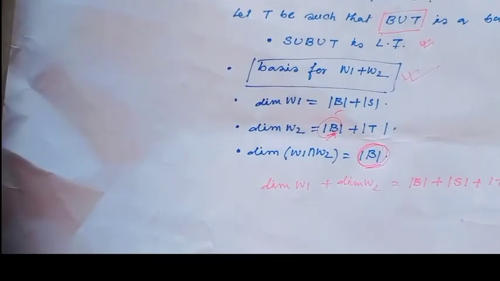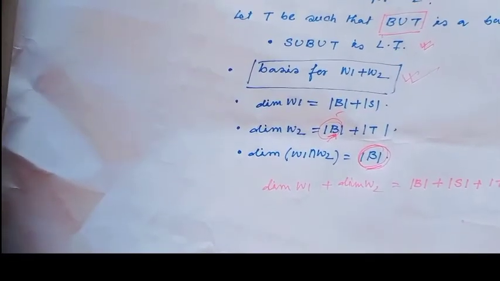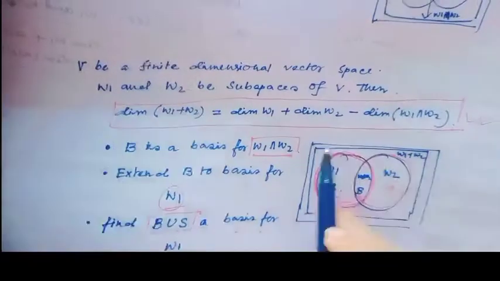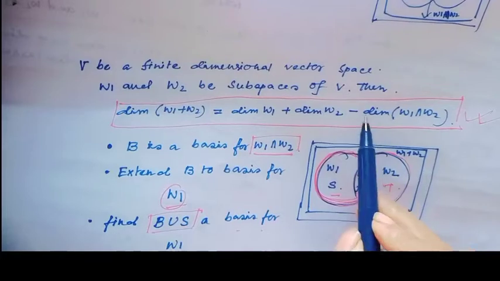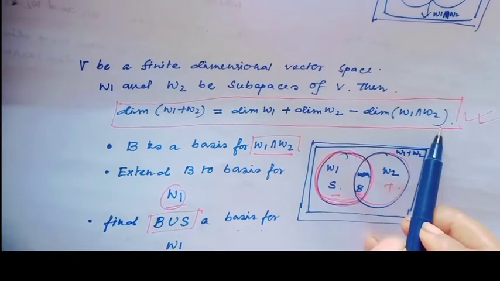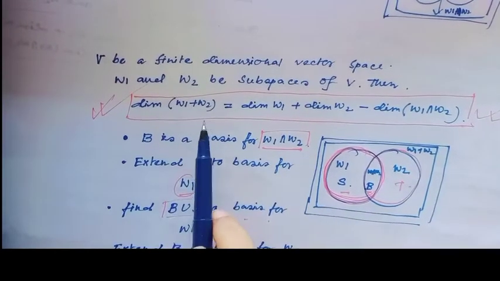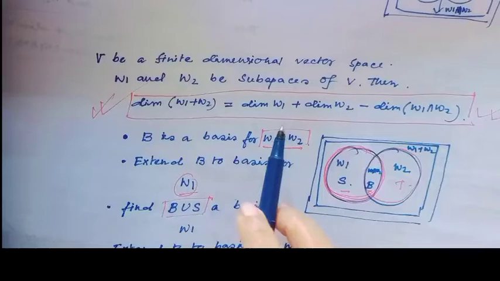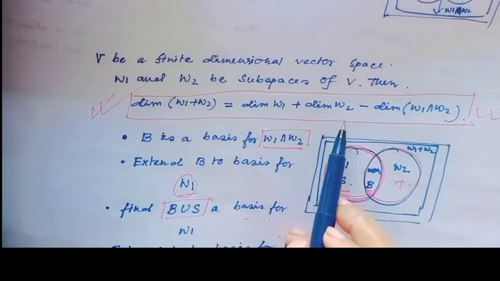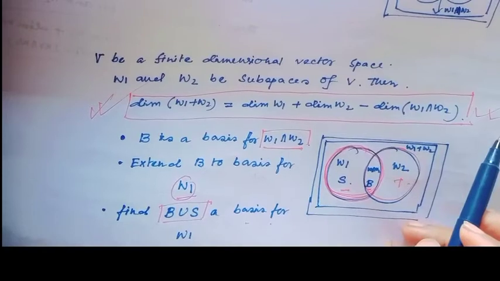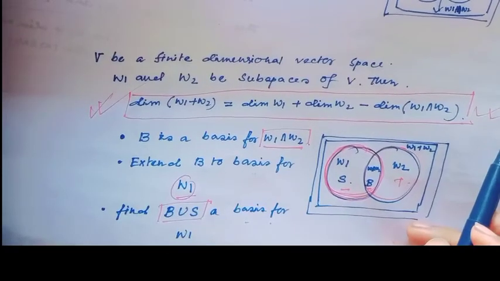So here we have used minus dimension of W1 intersection W2. So this theorem has established that dimension of W1 plus W2 equals dimension of W1 plus dimension of W2 minus dimension of W1 intersection W2. Have you understood this theorem?